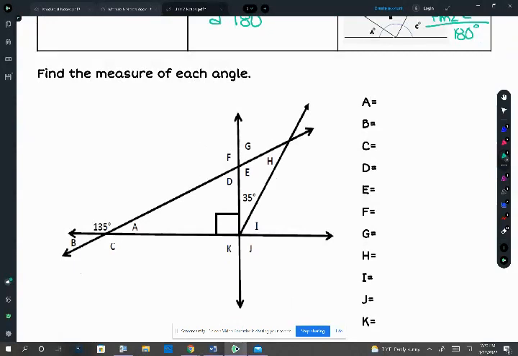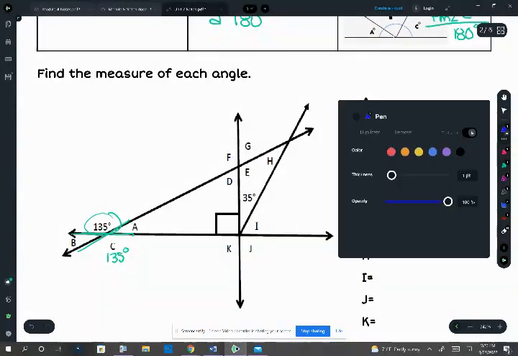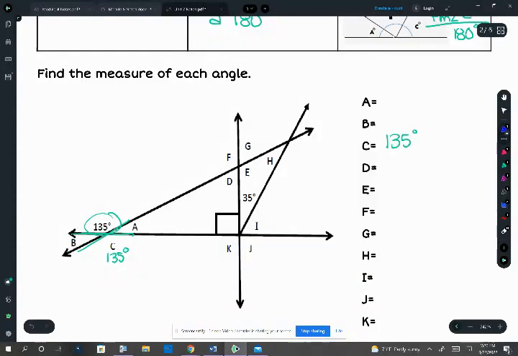So if we have this angle right here of 135, we know the angle diagonal from it, those form vertical angles. So here's our two lines that intersect. So if this is 135, then angle C is 135. We also know that this is a straight line.